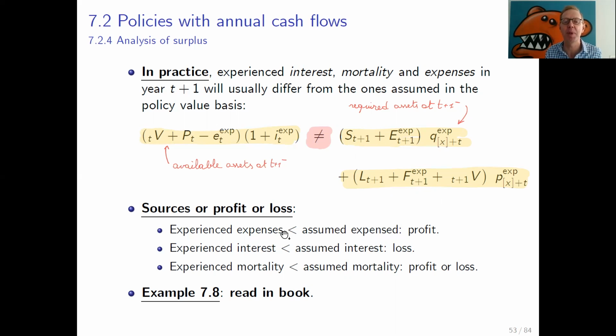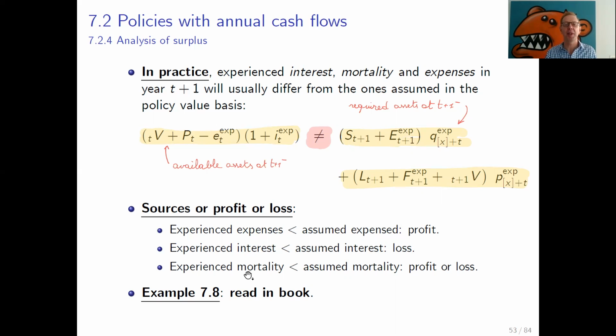So experienced expenses smaller than assumed expenses lead to a profit. Experienced interest smaller than assumed interest leads to a loss. Why is that? If the experienced interest is smaller than the one we assumed, what will be available will be less than what we required. So there will be a loss.